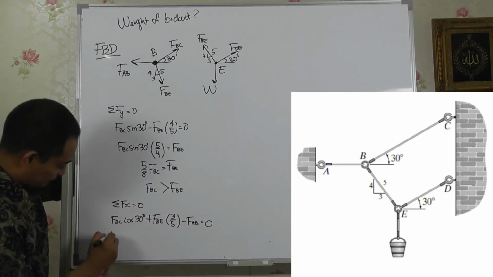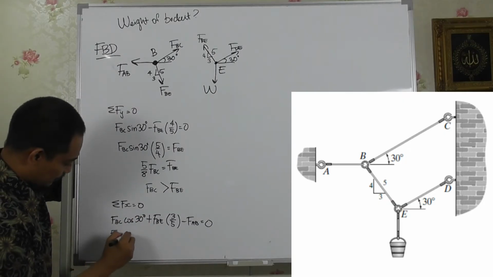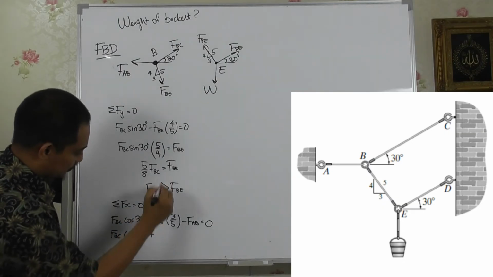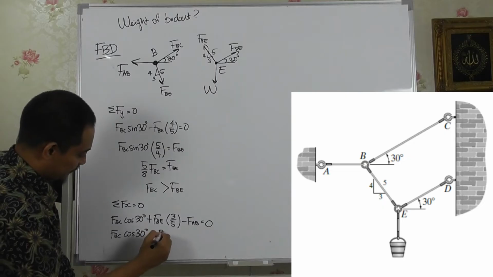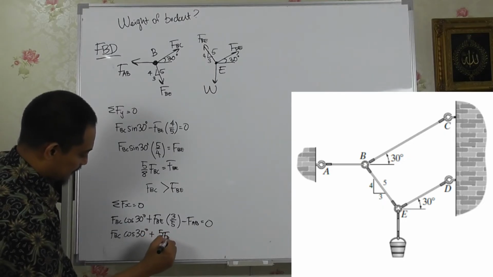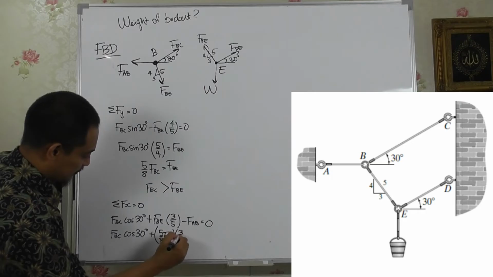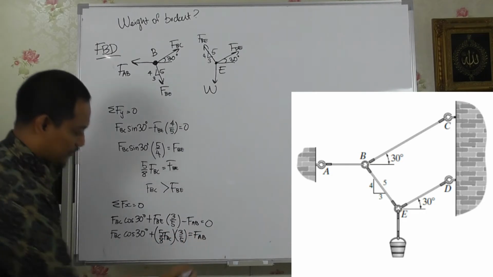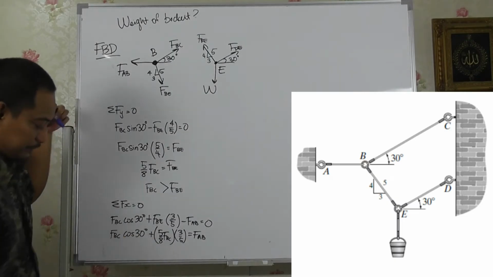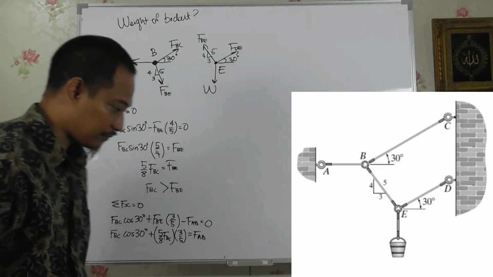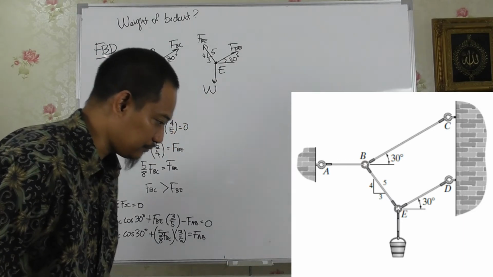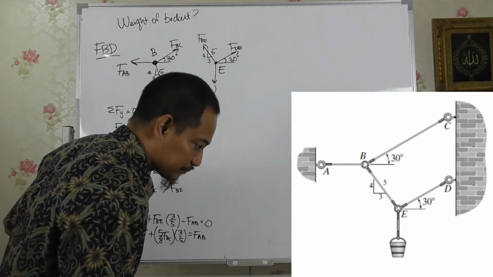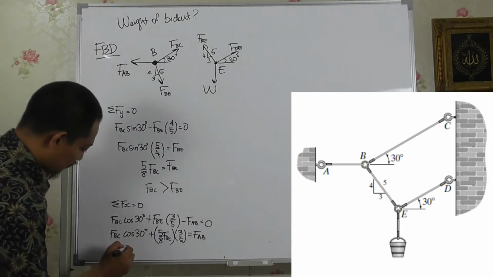FBC cos 30 degrees, and then plus, if this whole thing goes in here, 5/8 FBC, and then you have 3/5, then this brought over there equals FAB. If you solve this one, let's see, you'll get 1.4434.